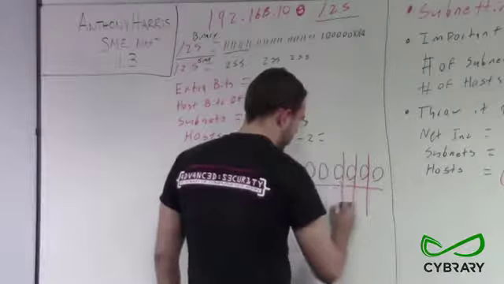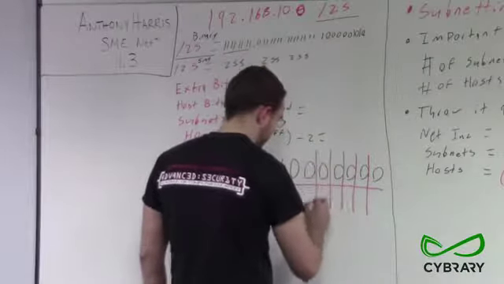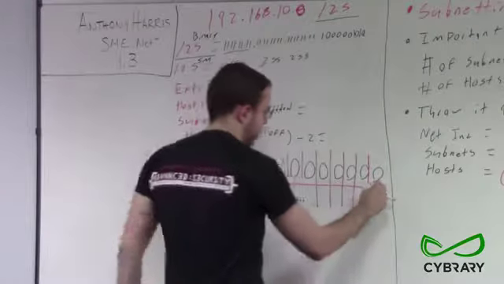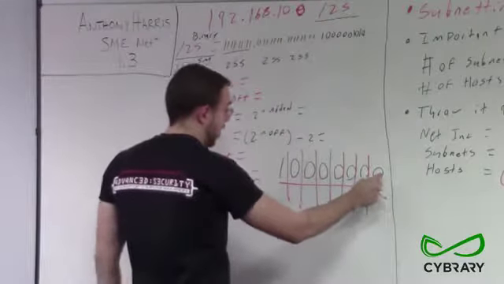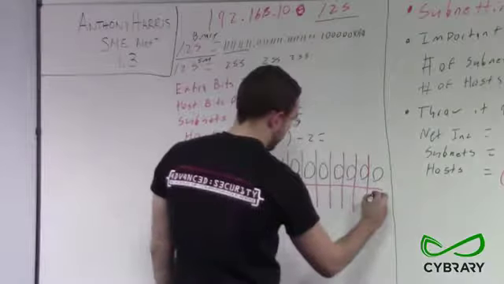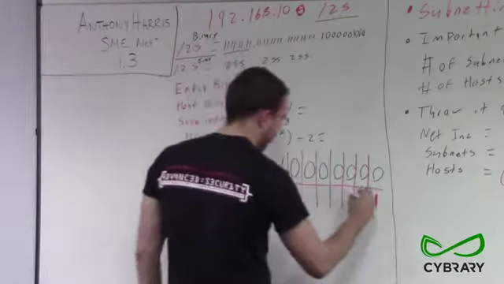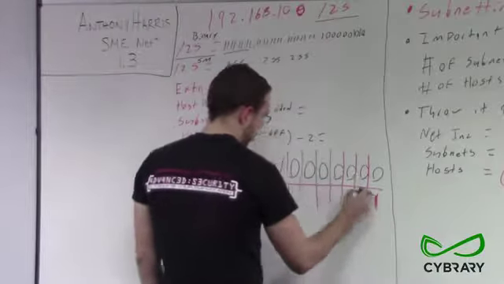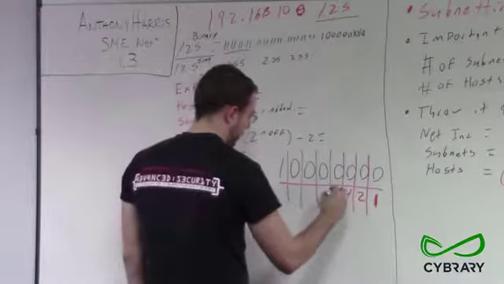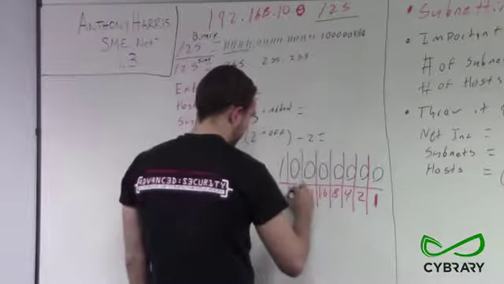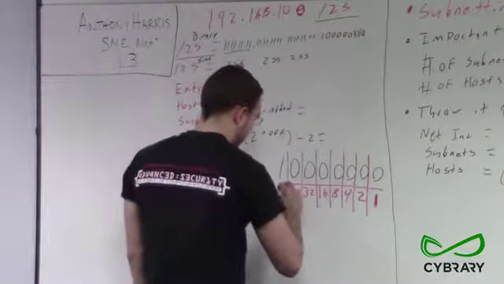We break it out into our chart, and we increment from the lowest. This binary digit is either a 0 or a 1, so it's the 1's place. This one is either a 0 or a 2, so it's a 2's place. Then we increment up: 4, 8, 16, 32, 64, 128.